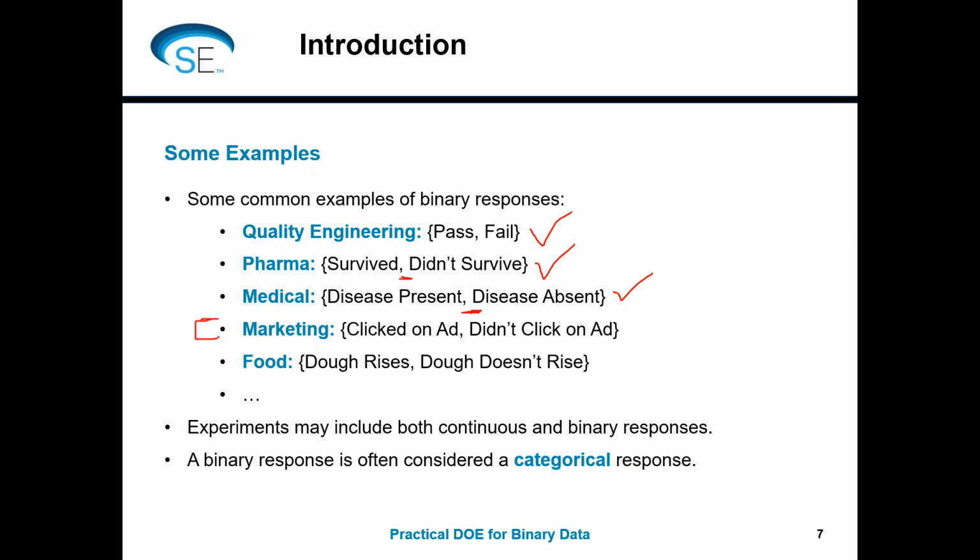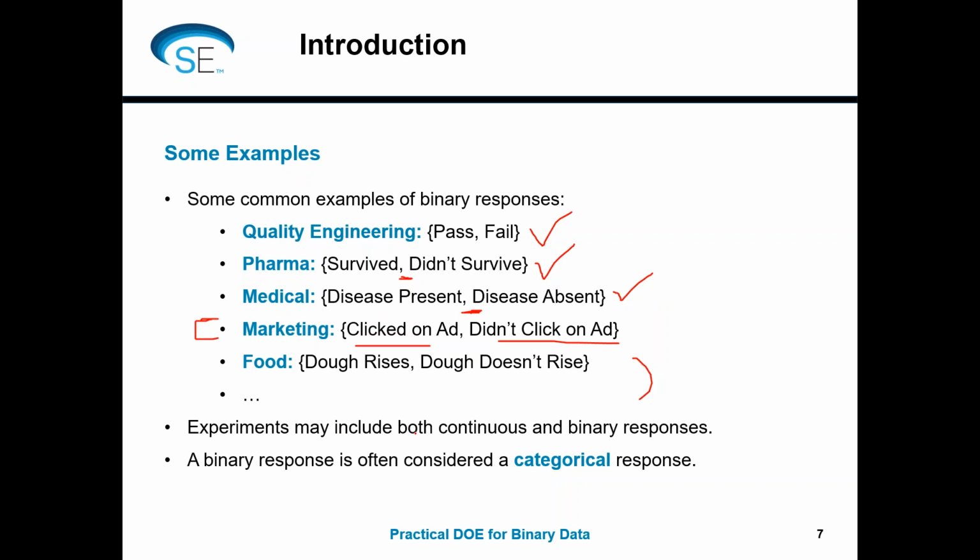In marketing, people spend lots of time experimenting and designing ads. They try to change where they put the advertisement, what color it is, what size it is, and what it says. And then all they're measuring is whether somebody clicked on an advertisement or didn't click on it. There's a bunch of other examples that I'm not going to go through, but hopefully you get a general idea of what's going on here.